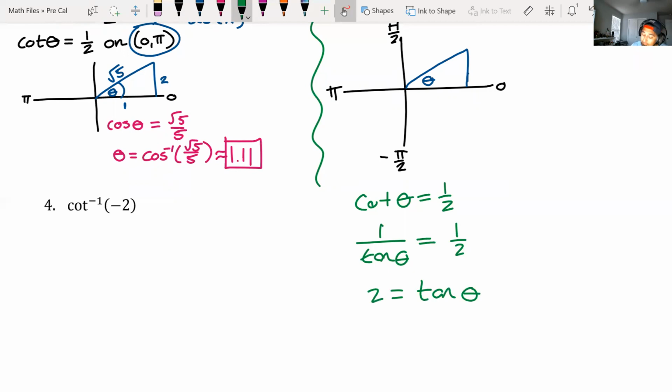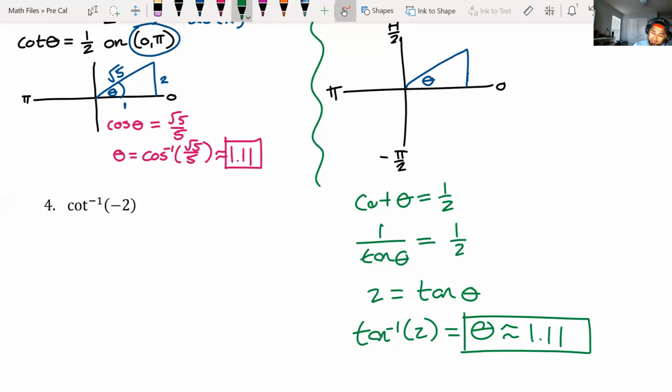Then apply the inverse, and you get the inverse tangent of 2 is equal to theta. Now for some fun. Somebody type in the inverse tangent of 2 and tell me what it gives you. Same, 1.11.